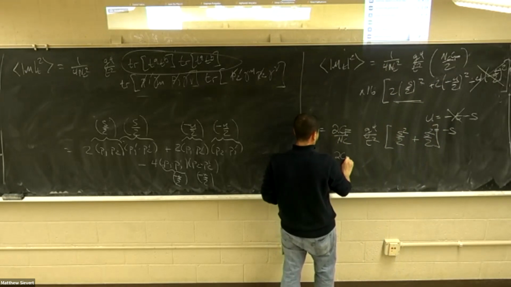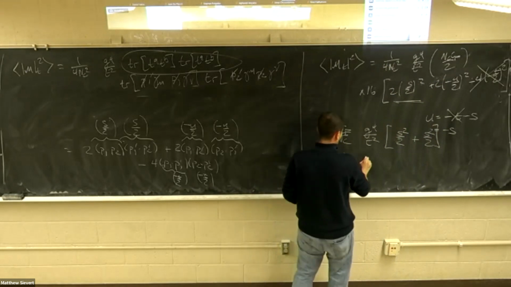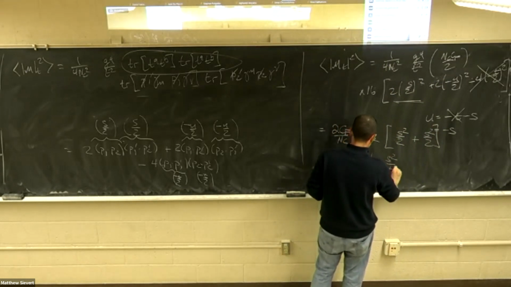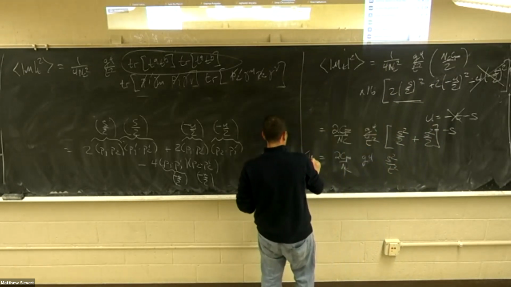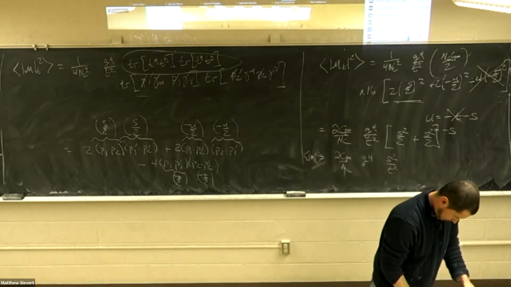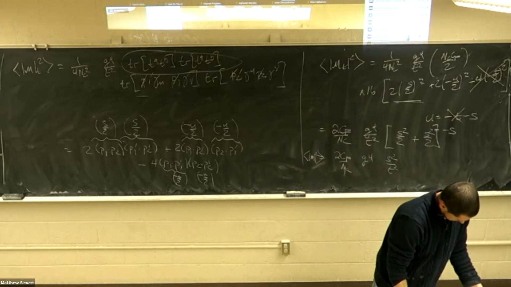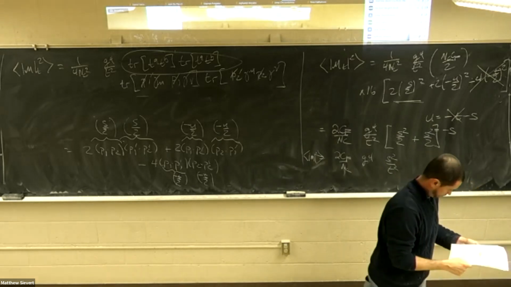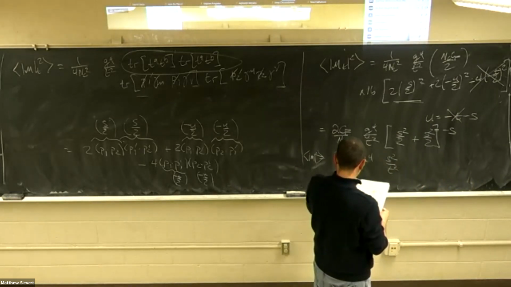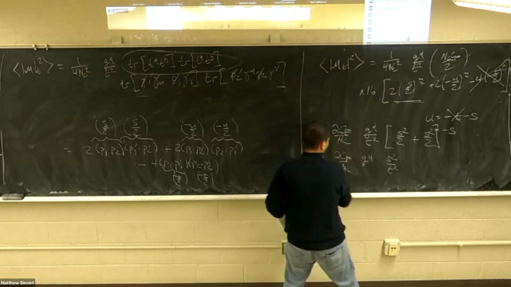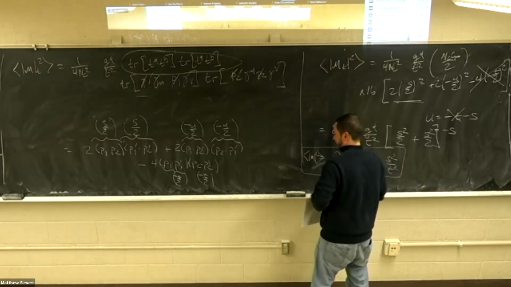So I get 2 CF over NC, g to the 4th, S squared over T squared. Let me make sure I got that right. Yes, 2 g to the 4th, CF over NC, yes, perfect. All right, so that's my amplitude squared.